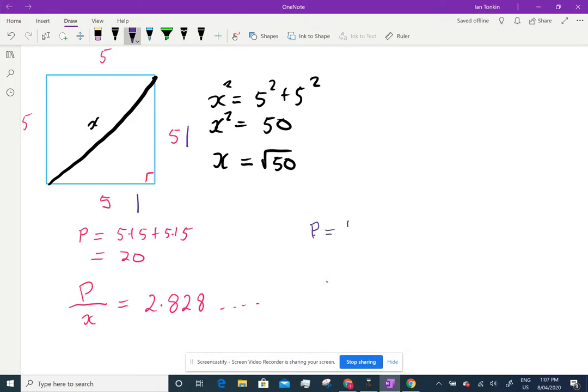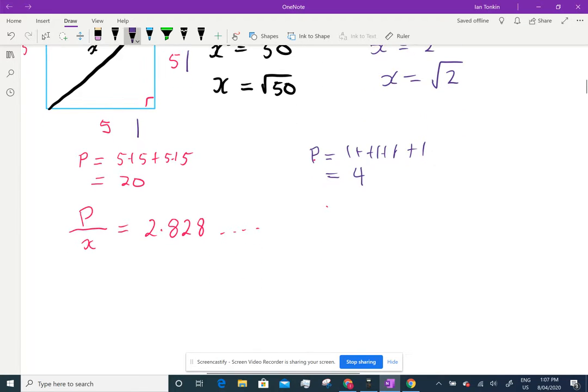The perimeter is 1 plus 1 plus 1 plus 1, which is 4. And the diagonal: x squared is 1 squared plus 1 squared, which is 2. So x in this other square is root 2.